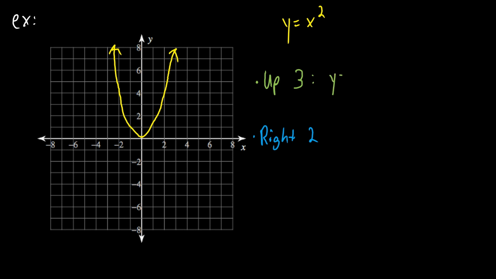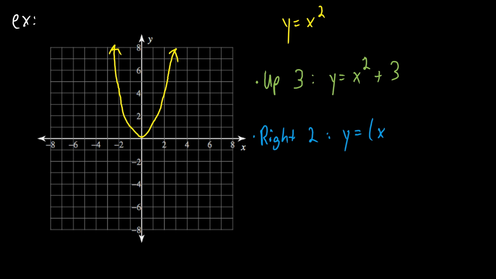We know for vertical shifts, if you want to go up 3, you just add 3. If you want to go down 4, you subtract 4. Nothing too tricky there. It's your horizontal shifts that will usually give you troubles. So remember, horizontal shifts need to go inside the parentheses.